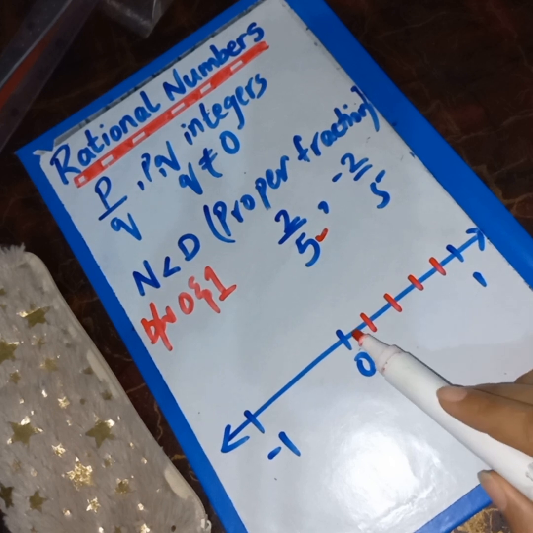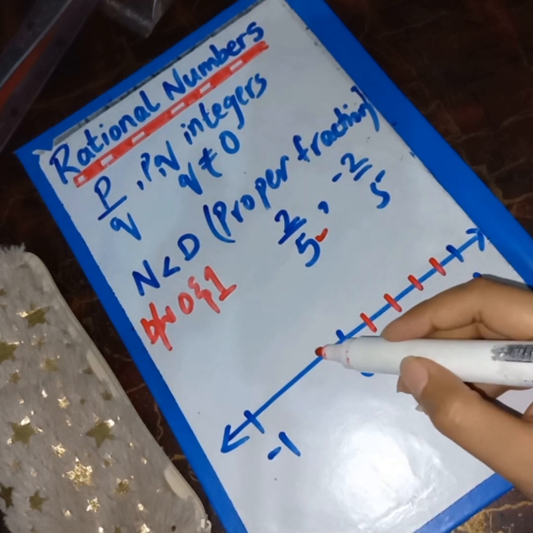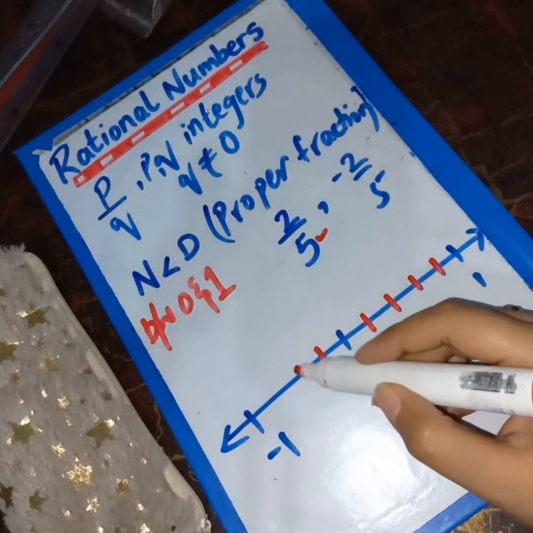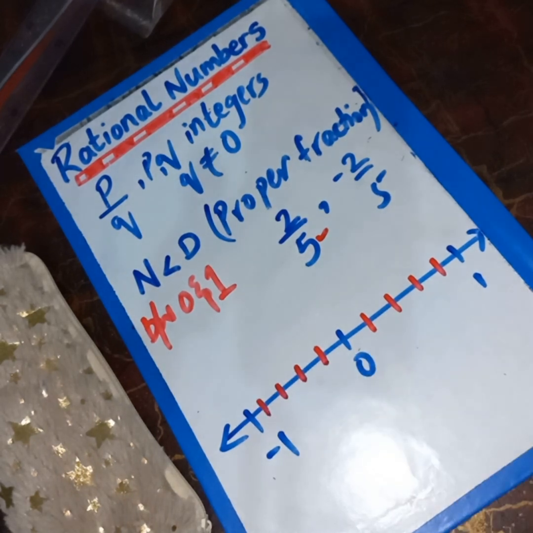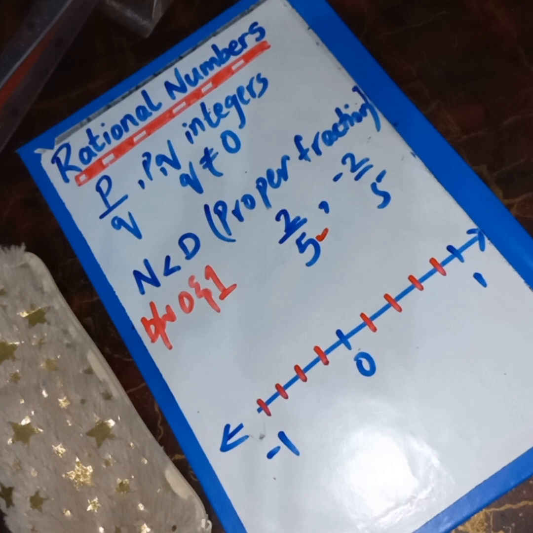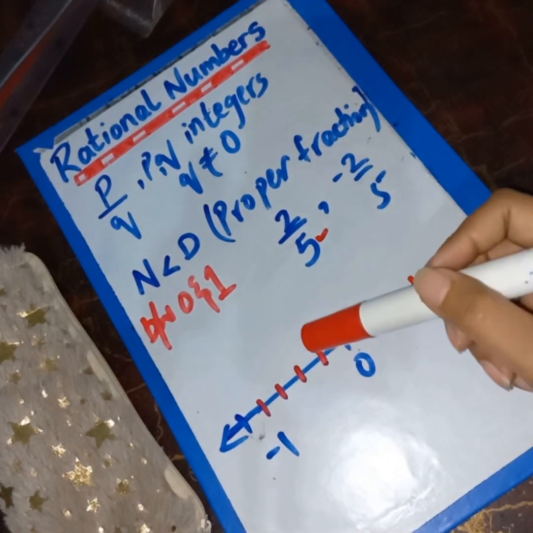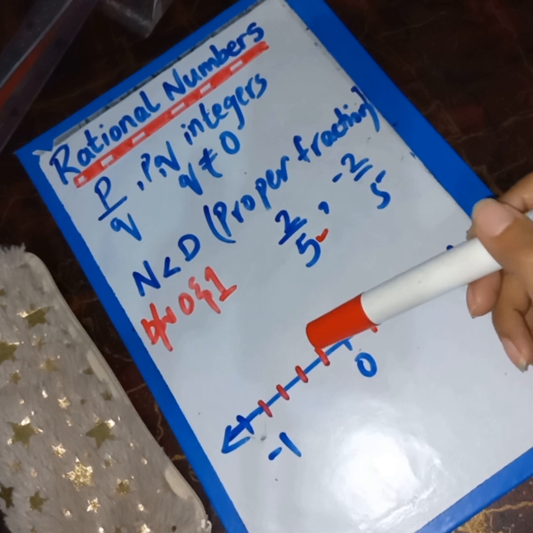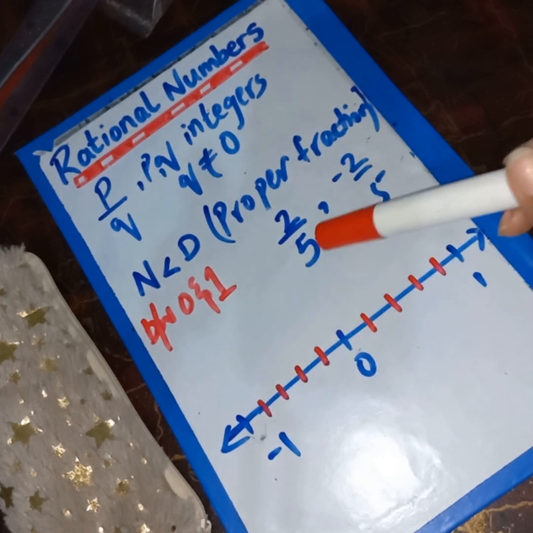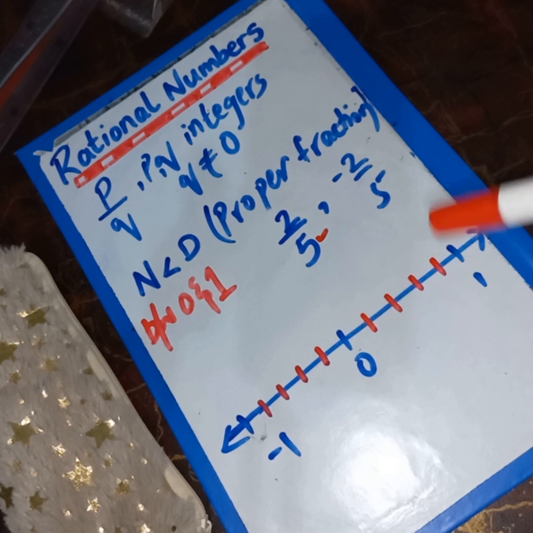Count with me: 1 2 3 4 5 equal parts. In the same way, we can make 4 lines here again to make 5 equal parts. So 4 lines gave me 5 equal parts. Whatever the denominator is, it will tell you the equal parts you have to distribute into.